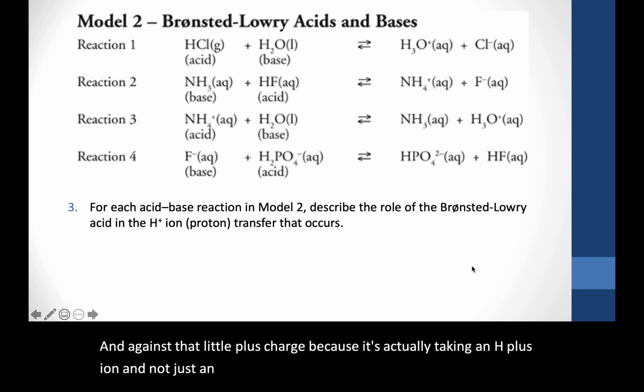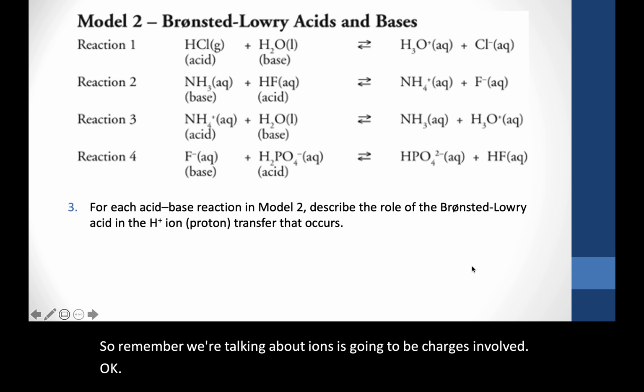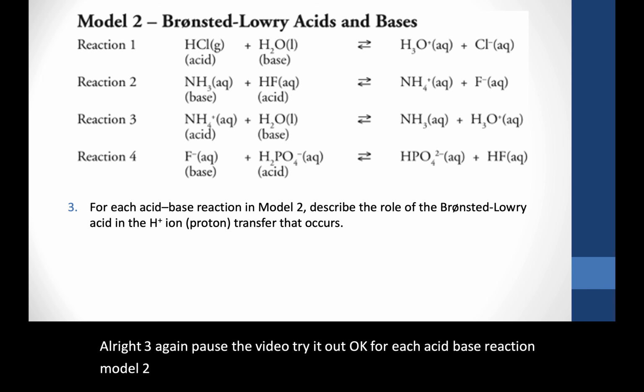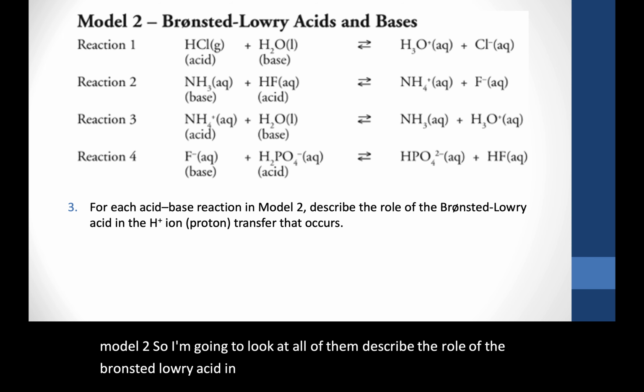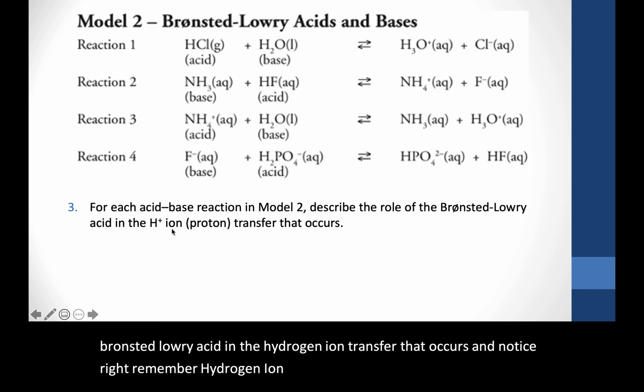Okay. All right, number 3, again, pause the video, try it out. For each acid-base reaction in Model 2, so now we're going to look at all of them, describe the role of the Bronsted-Lowry acid in the hydrogen ion transfer that occurs. And notice, remember, hydrogen ion is just a proton. That's kind of interesting, right?